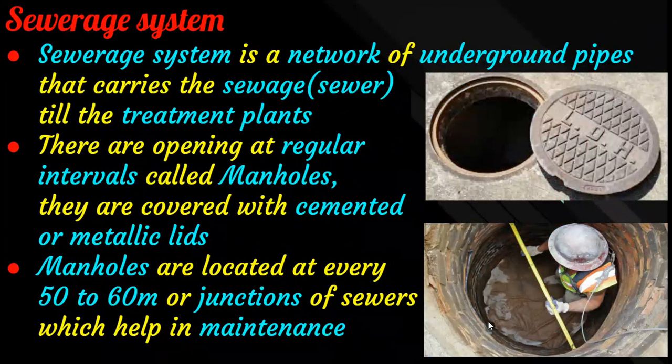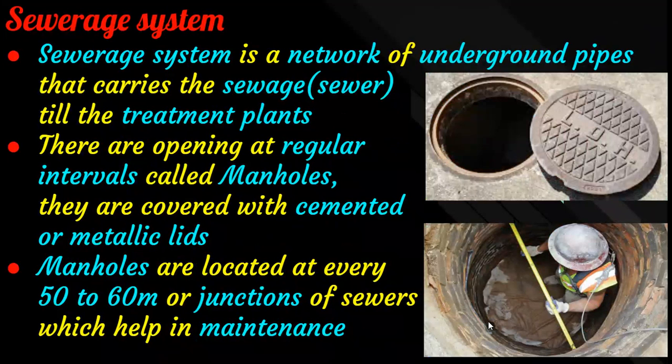And you may have seen there are several openings at regular intervals on the surface of the road or on the pavement. These holes are called manholes. And manholes are located every 50 to 60 meters, at a junction of sewers or where there is a change in direction.